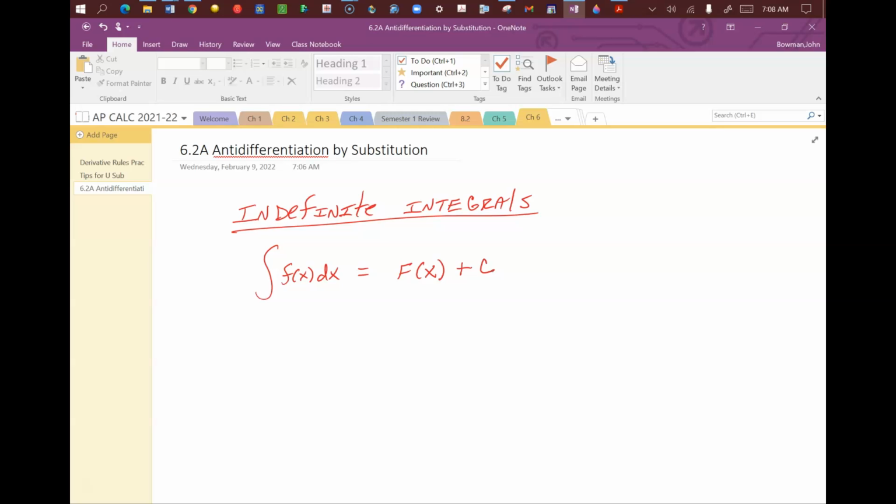So basically what we're saying is the antiderivative capital F of x plus any constant c, when we differentiate that, we're going to get lowercase f of x. So indefinite integrals have no limits of integration.